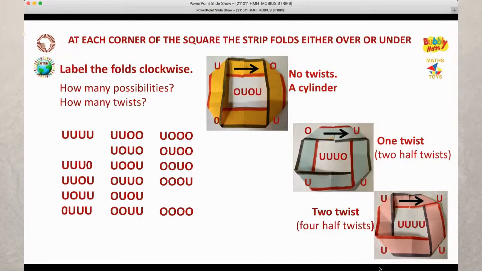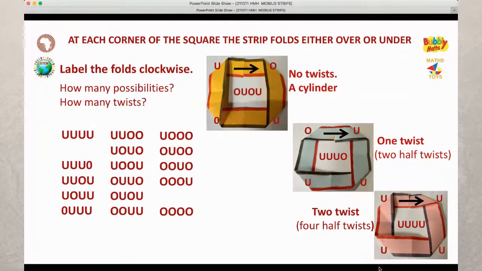So that's how you work out in a systematic way how many possibilities there are in a problem like this. And this is 16 altogether. Because you've got 4 choices, and at each choice you have either one of 2 possibilities, under or over, it's 2 times 2 times 2 times 2 permutations, or if you like, arrangements.